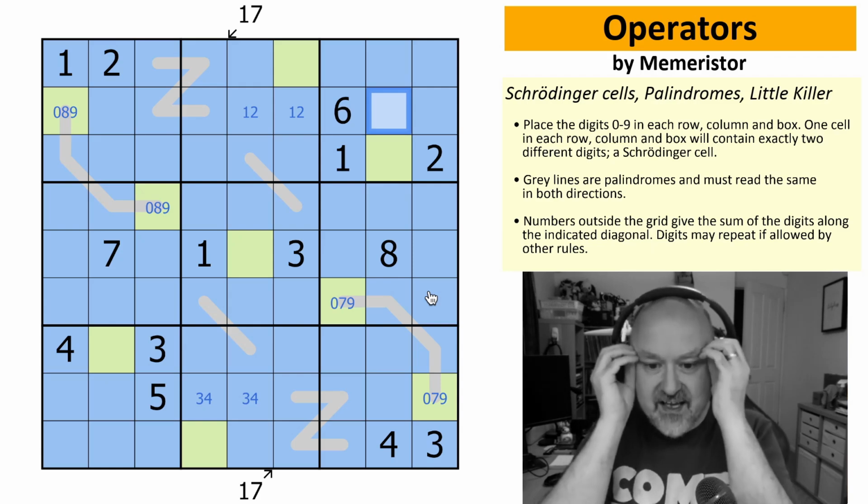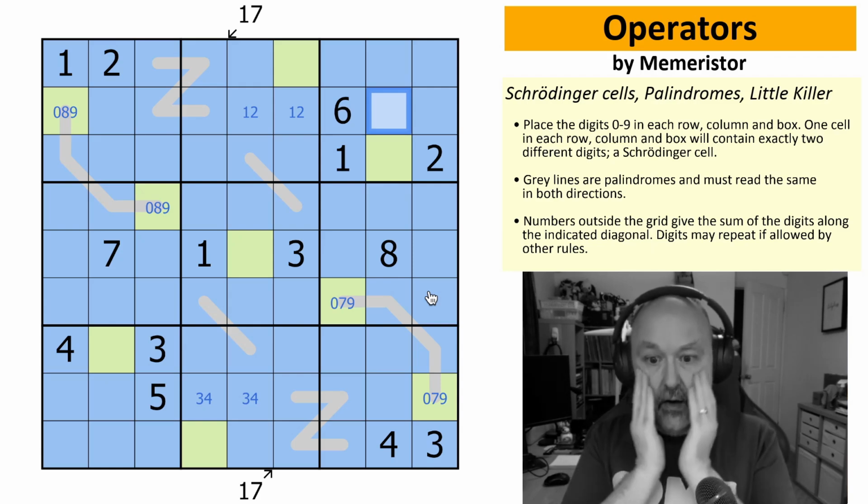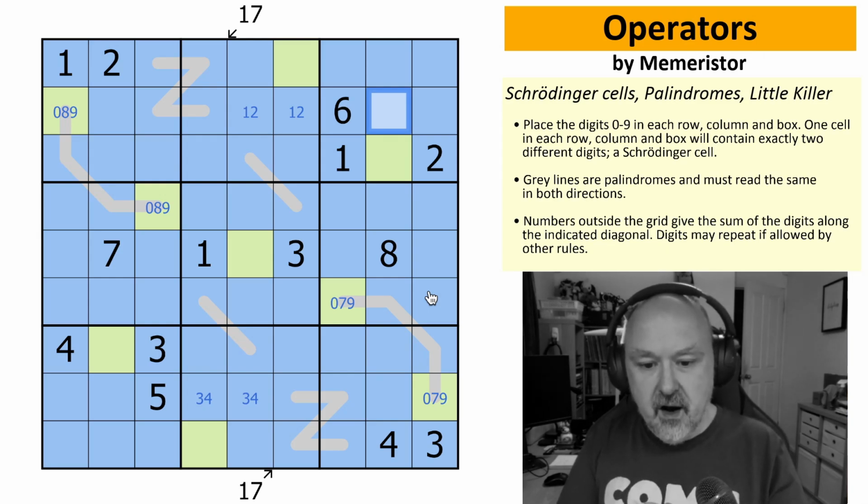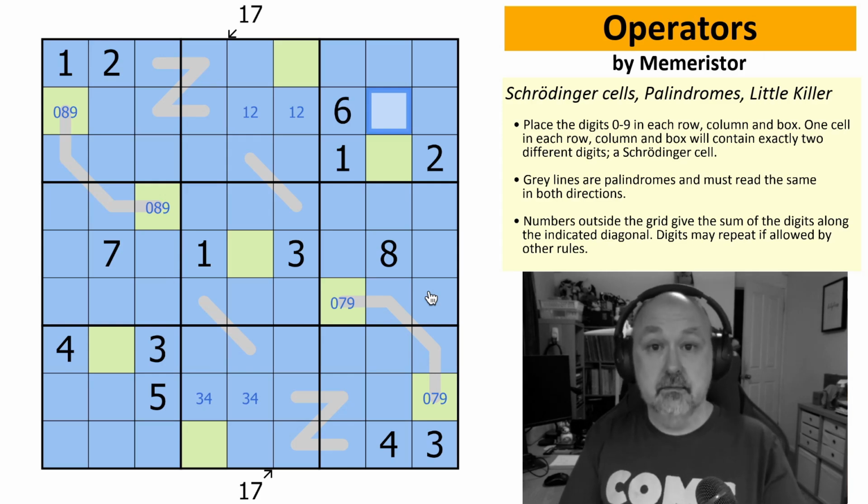Memristor, that is beautiful. When you sent this to me and said that this was an introduction to Schrödinger cells, I didn't think such a thing was possible. I was wrong.